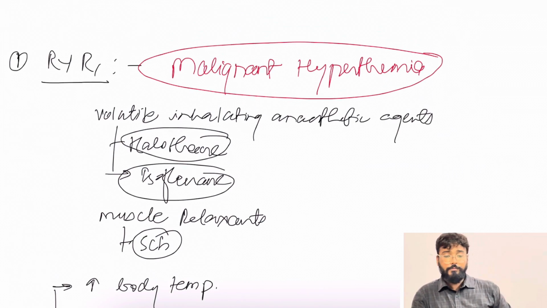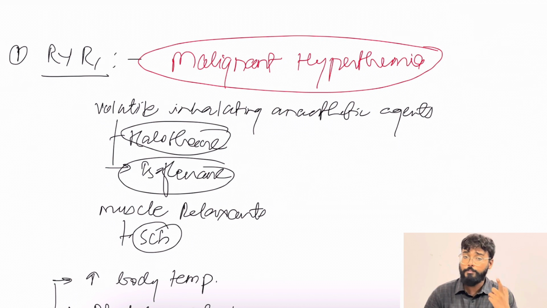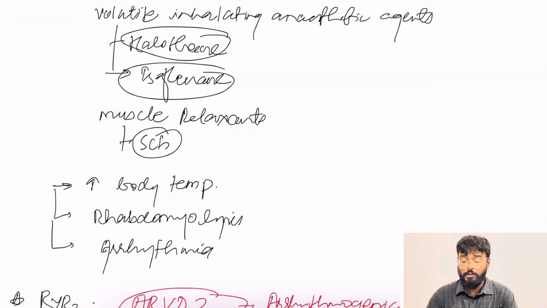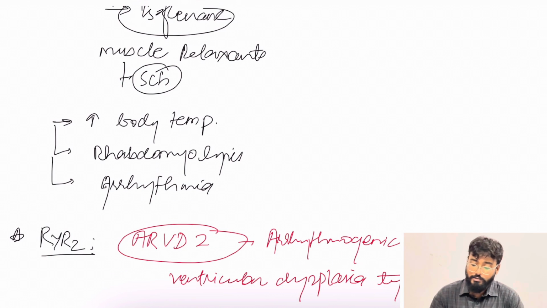So we just saw that a defect in ryanodine receptor type 1 causes malignant hyperthermia, the agents that cause it, and the symptoms.